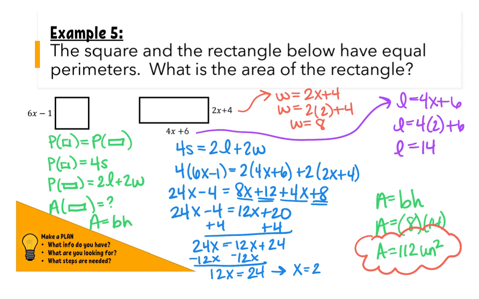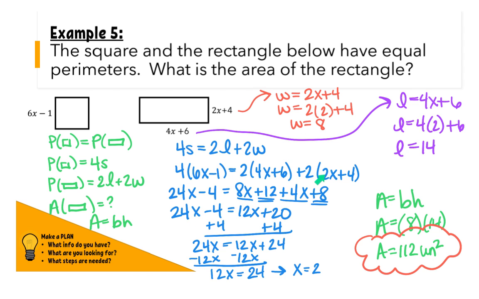So to start with, we were told that the 2 shapes had equal perimeters. So I took the formula for the perimeter of a square, and I set it equal to the formula for the perimeter of a rectangle. Then I substituted in the side length. So the side length of the square times 4 gave me 24x minus 4.